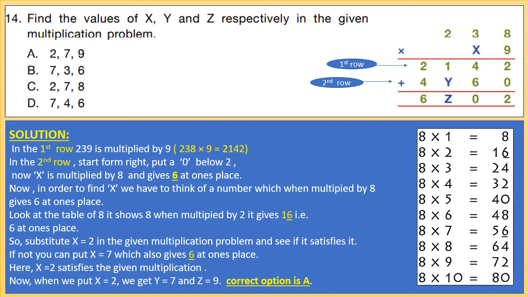So substitute x equals to 2 in the given multiplication problem and see if it satisfies it. If not, you can put x equal to 7, which gives 56, that is 6 at ones place. So here x equal to 2 satisfies the given multiplication. Now when we put x equals to 2, we get y equals to 7 and z equals to 9. So correct option is A.